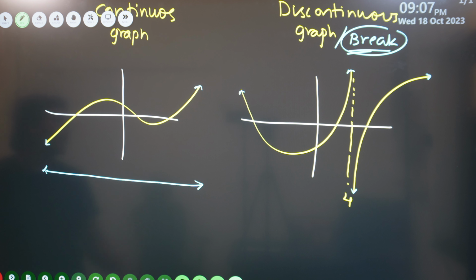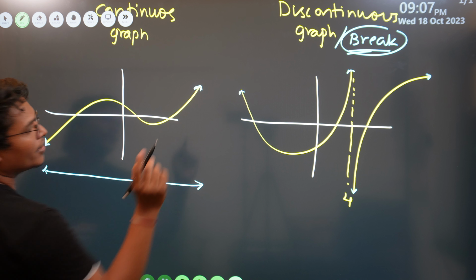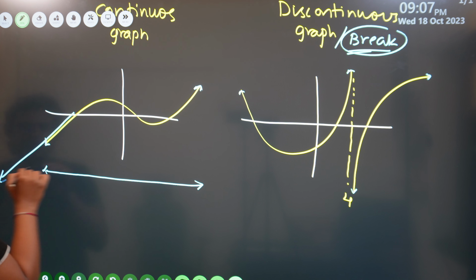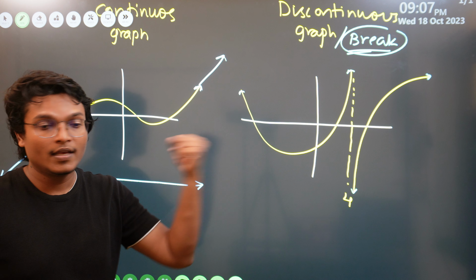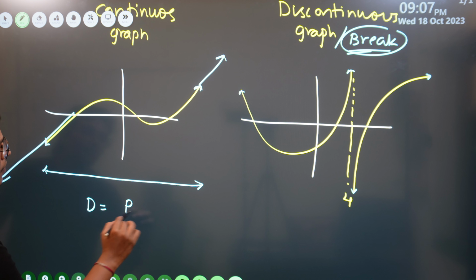No, right? And both the ends are continuous. So it means the graph is going to extend on both sides. So in this case, the domain of the graph will be real numbers.